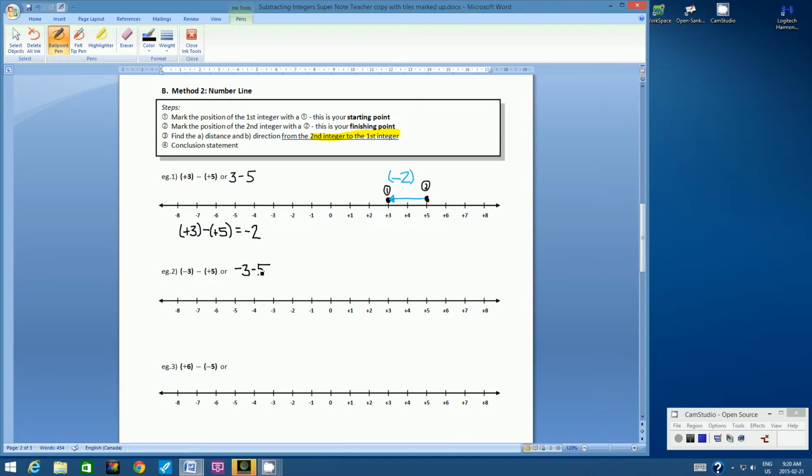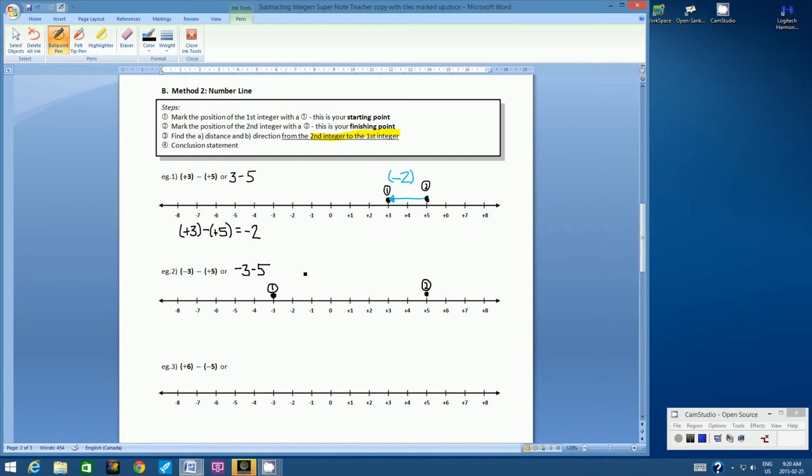Negative 3 subtract 5. Okay, so let's find the first integer. Negative 3. Put a big circle there and mark it with 1. Second integer is positive 5. So put a big marker on positive 5 and put a 2 above it.